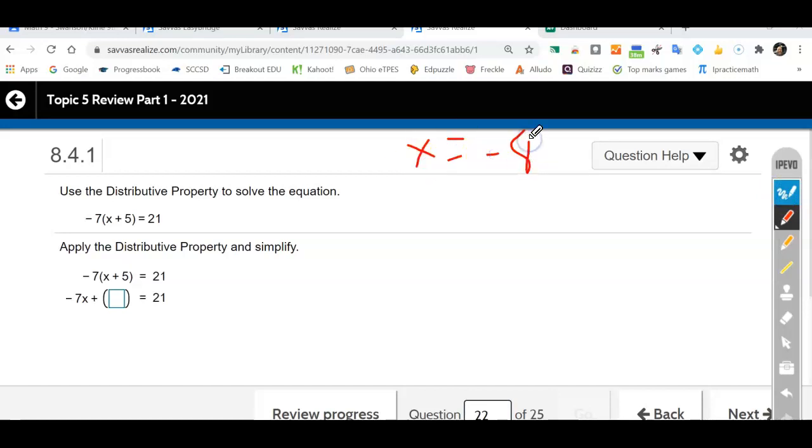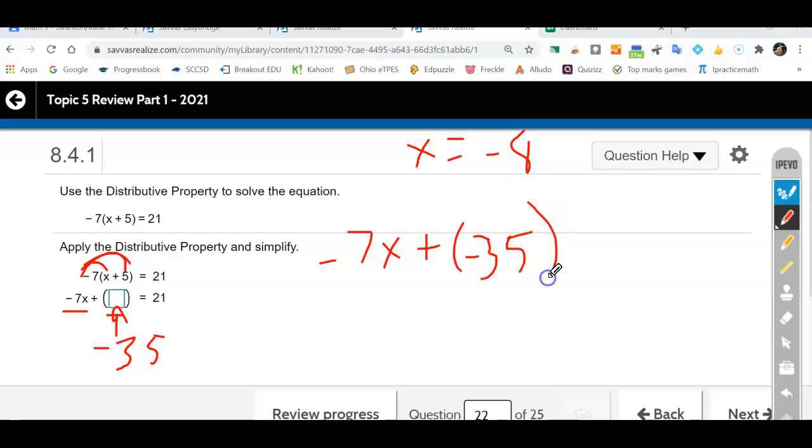All right, let's look. So in this one, they're asking you to do different things. So we're distributing, and they're breaking it down one step at a time. So -7 times x is -7x. Then the second blank is, what is -7 times 5? So in this blank, we're going to put -35, right? So now we got -7x plus -35 equals 21.